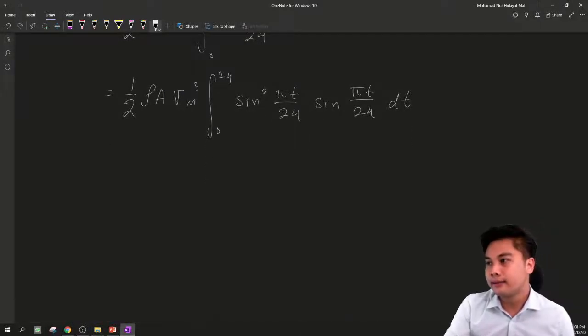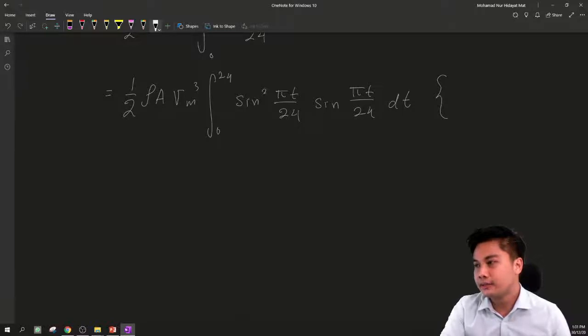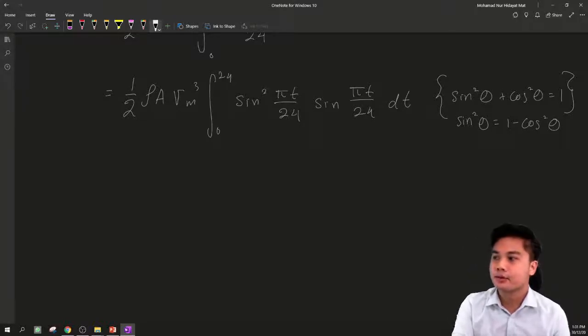From the trigonometric identity, sine squared theta plus cos squared theta equals 1. Thus, sine squared theta equals 1 minus cos squared theta. So we replace this term in this expression.